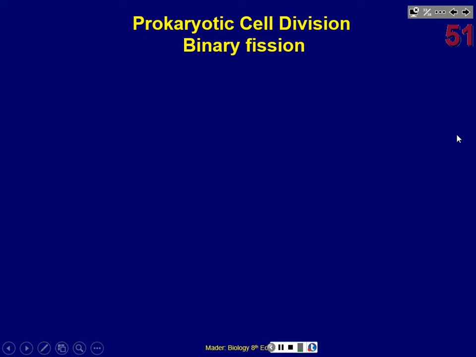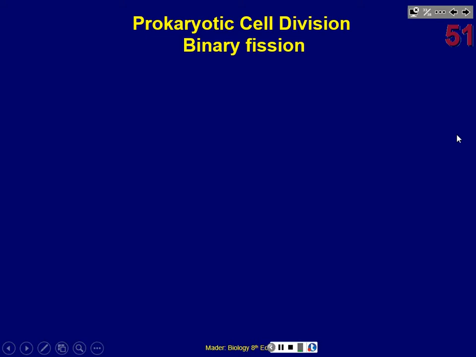What's the definition of a prokaryotic cell? It has no nucleus, so we can't call it mitosis. They don't have a nucleus. It's called binary fission. Prokaryotic cells divide by binary fission. Binary, bi means two, okay? Fission means to split. So we are literally splitting in two, okay?